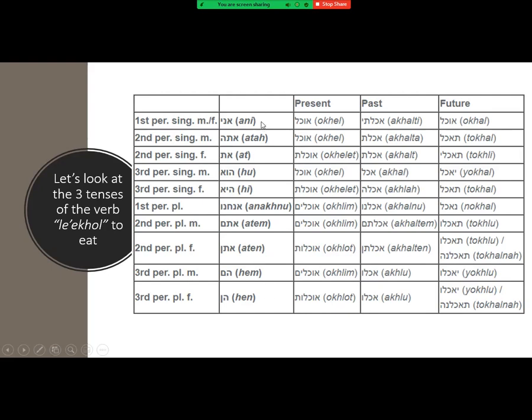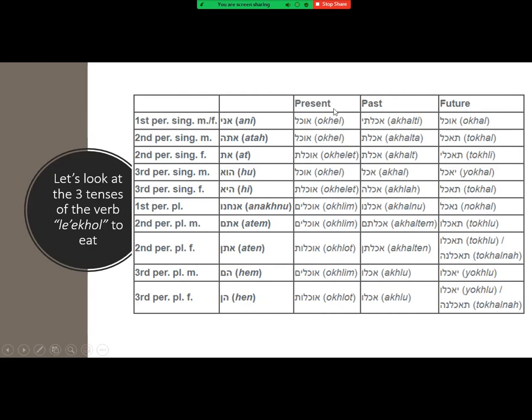So if you're to say, I eat, in the present, it's ani ochel. You eat, ata ochel. And a girl, at ochelet. Hu ochel, hi ochelet, anachnu ochlim, atem ochlim, aten ochlot, hem ochlim, and hen ochlot.